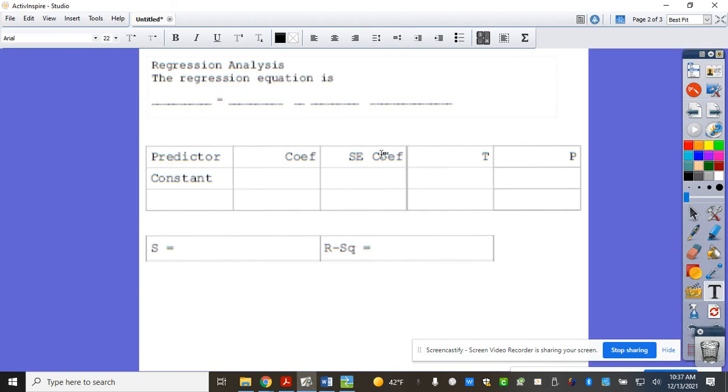So here, looking at the way that this is going to be written on Minitab output, what do we usually put before the equal sign? Y hat. Now, the way they do their Minitab output, they're going to put a word or words there. So what are we going to put there?